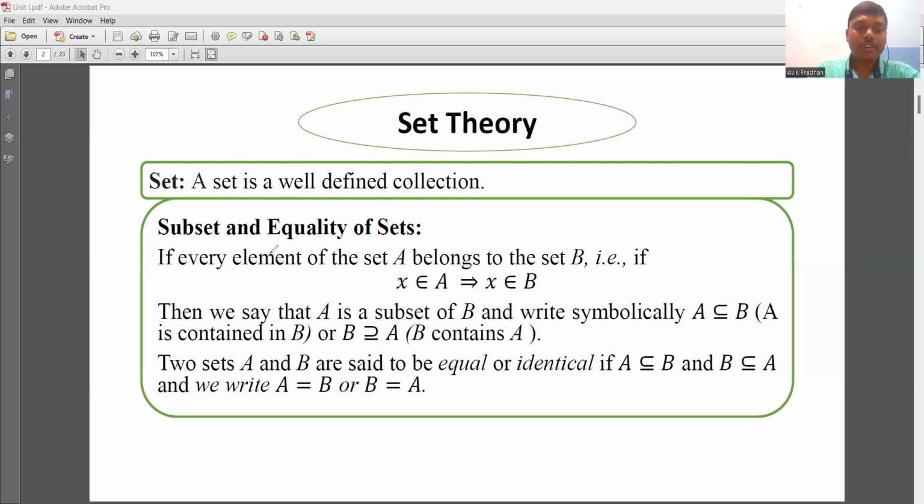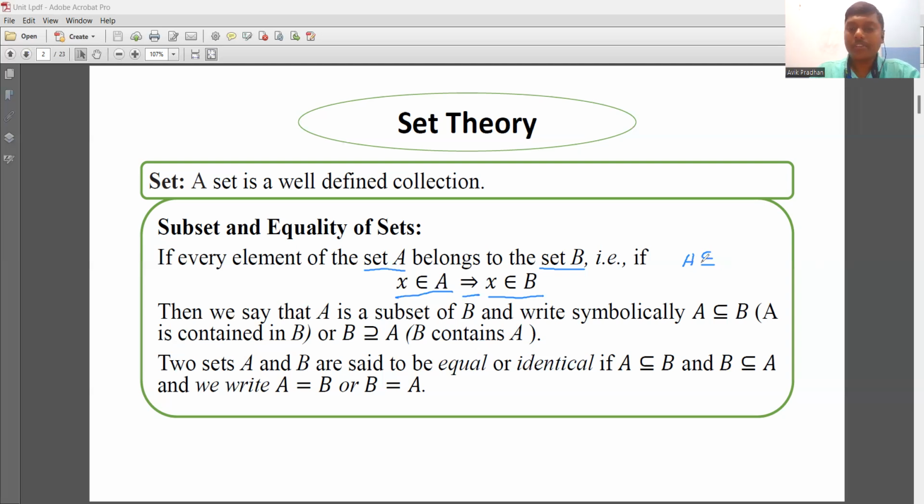If every element of a set A belongs to the set B, that means if x is an element of the set A, then it must be contained in B, then A is a subset of B. That means x belongs to A implies that x belongs to B. Then only we can write that A is a subset of B. And if there is some element in B which does not belong to A, then we call A a proper subset of B.